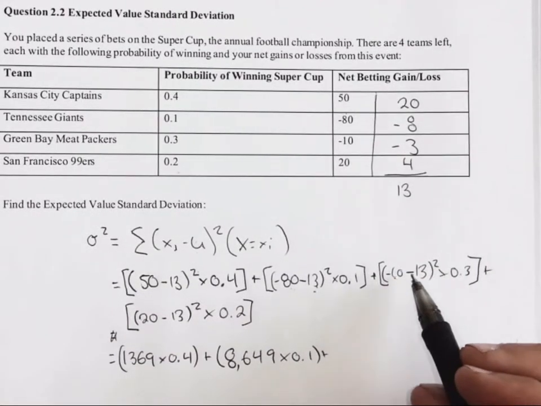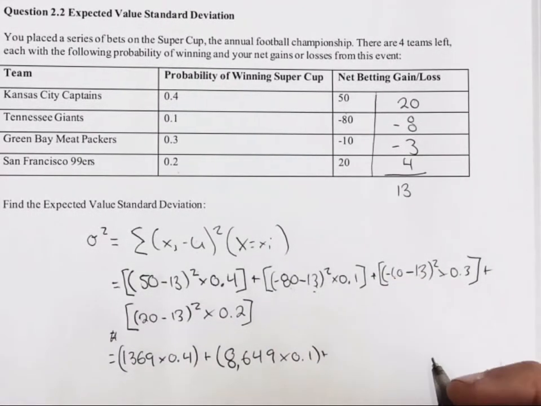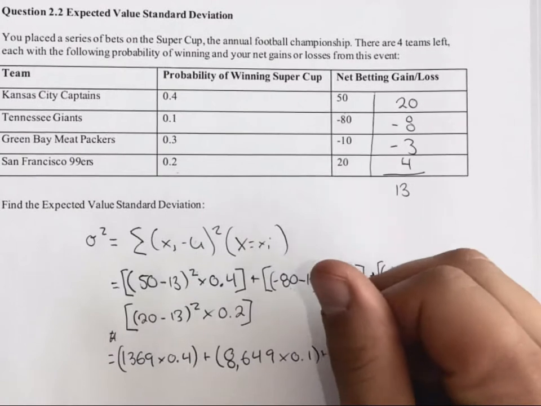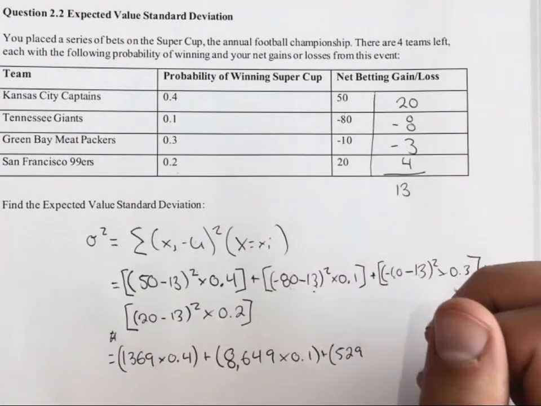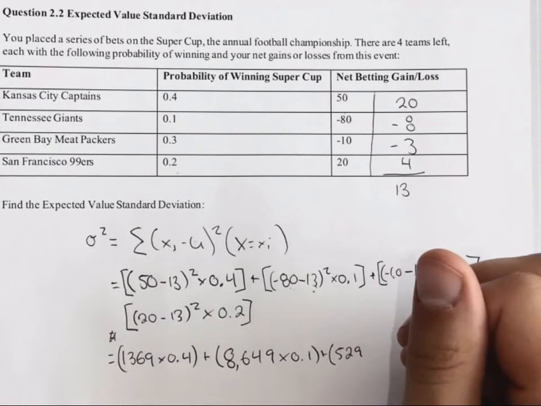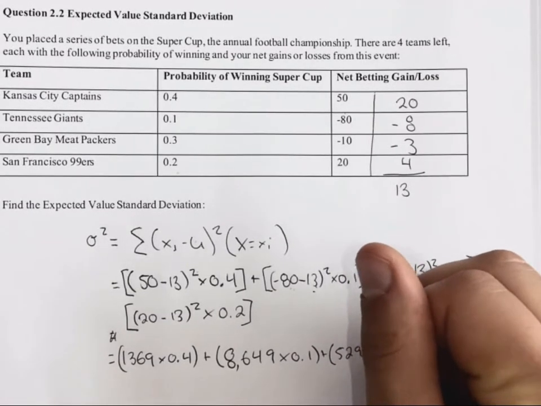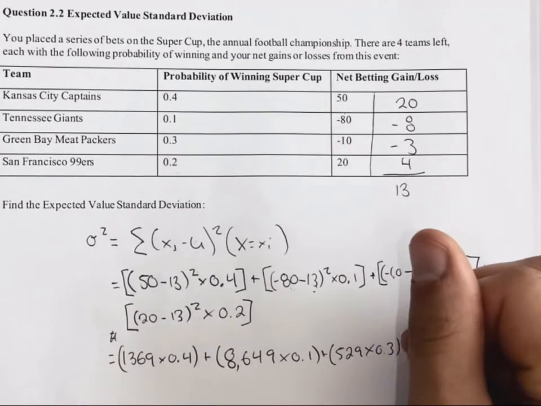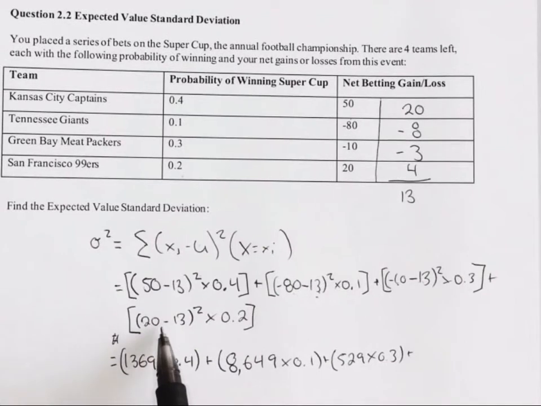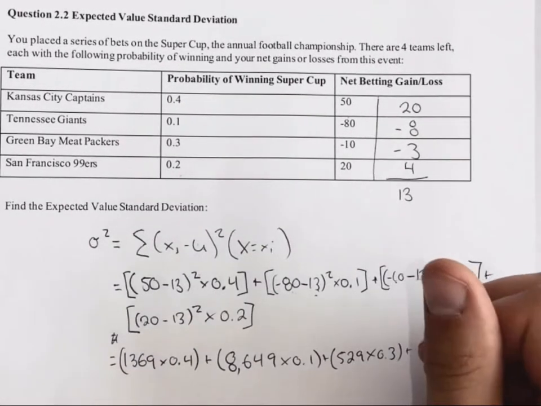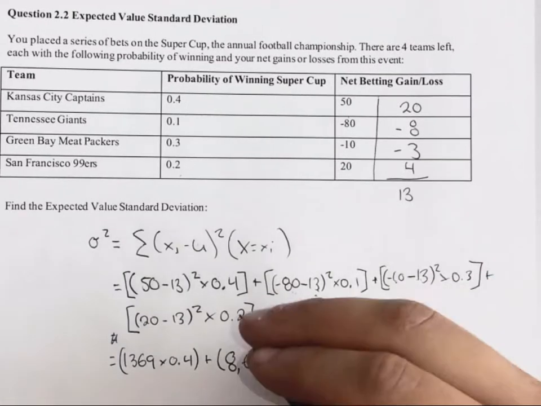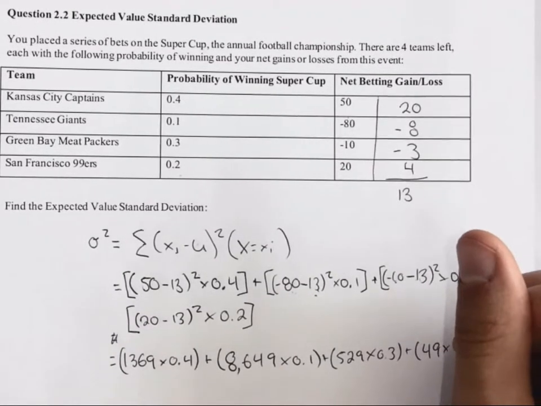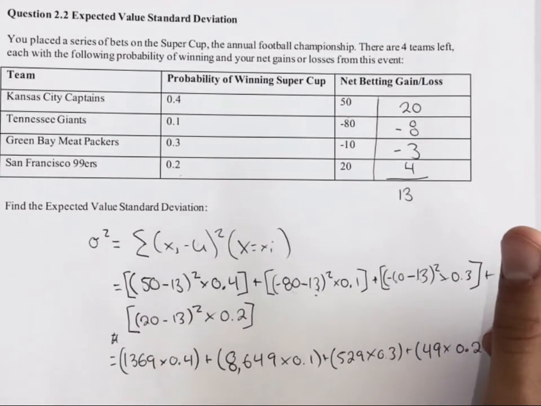So negative 10 minus negative 13 is negative 23 squared. We get 529 multiplied by the probability. And 20 minus 13 is 7 squared. So we get 49 multiplied by the probability.